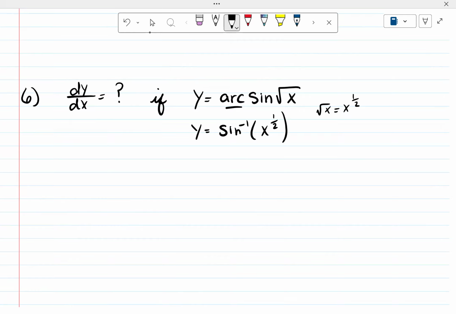It's basically saying take the derivative of this with respect to x on both sides. So look at the left side. What is the derivative of y with respect to x? When you're doing implicit differentiation, it's usually with respect to x or with respect to time. So here's a little trick for how I do this.